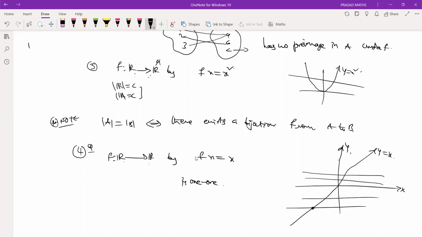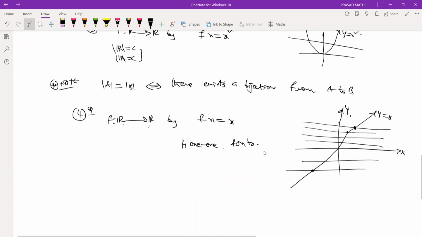Is it onto? Obviously, because any line drawn parallel to the x-axis, automatically it meets the given curve at least 1 point. Therefore, it is an onto function. So hence it is a bijection function.